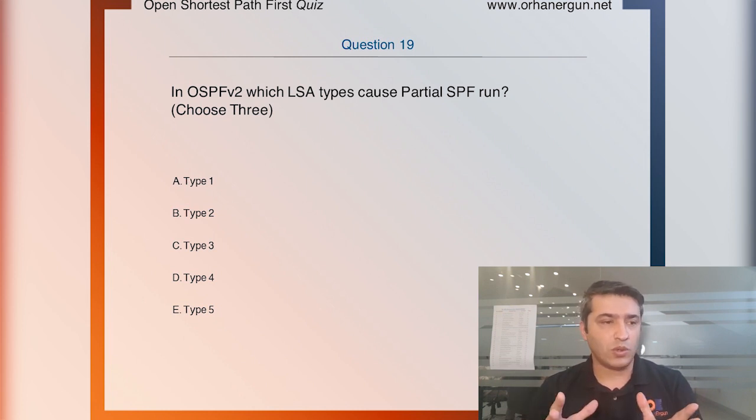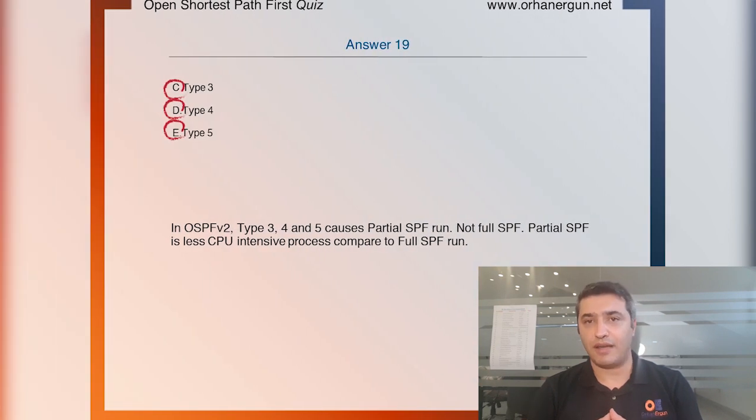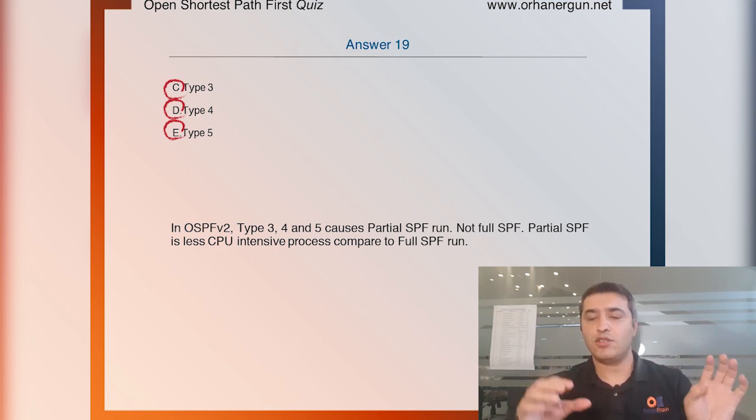Partial SPF means a much less resource intensive task compared to full SPF. And we need to know this in OSPF: type 3, 4 and 5 LSAs trigger partial SPF calculation, which means what? Area 0, area 10.